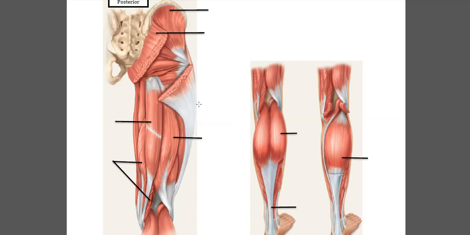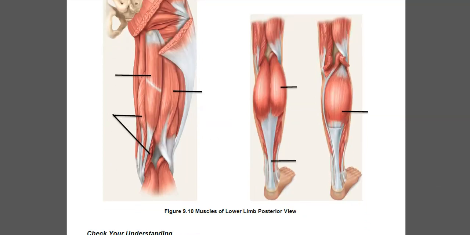Running down the back of your upper leg, on the medial side is the semitendinosus. More lateral is the biceps femoris. Then down towards the knee is the semimembranosus.